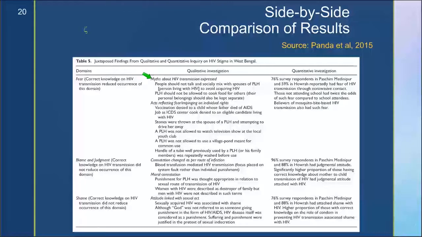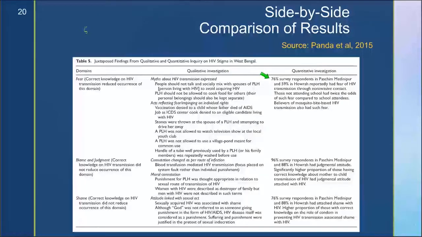So myths about HIV transmission, acts reflecting fear, impinging on rights, and so on, along with some more specific examples here, right next to results from what they called their quantitative investigation.